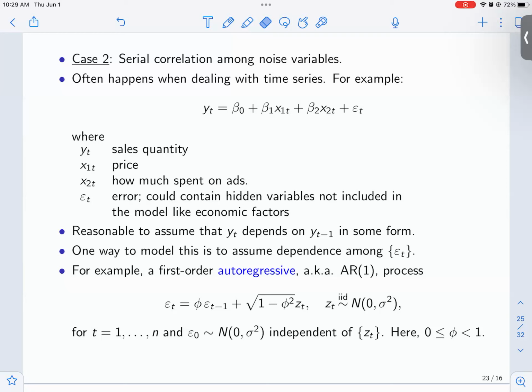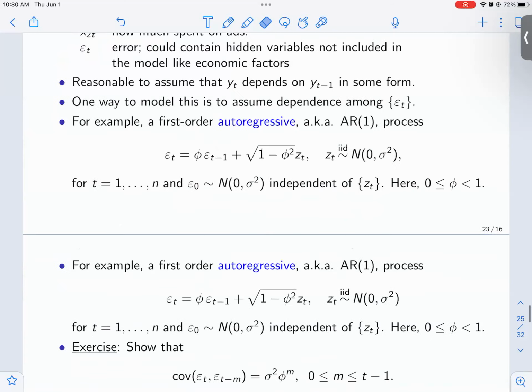If phi was 0, I would get perfectly independent noise, Z t, with the same variance. You have the regression assumption, but if phi is not 0, let's say it's between 0 and 1. If it's exactly 1, you get perfectly correlated noise. Epsilon t would be exactly equal to epsilon t minus 1. But if phi is between 0 and 1, but not 0, then you get correlated noise.